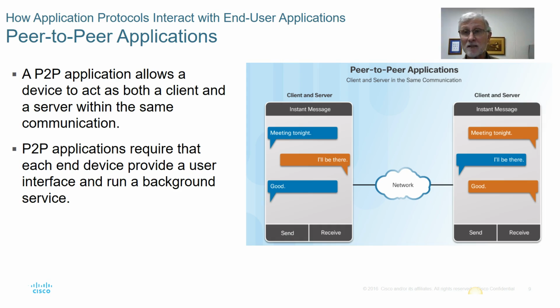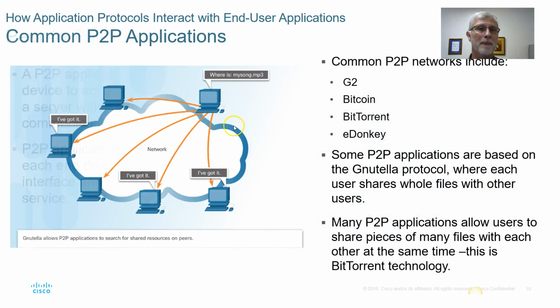Some of the applications, what do you think here? I've got P2P, a peer-to-peer application, which allows devices to act as both a client and server at the same time, but it requires that each end device run in the background. So what do you see? I'm seeing some text messages could be a peer-to-peer network.